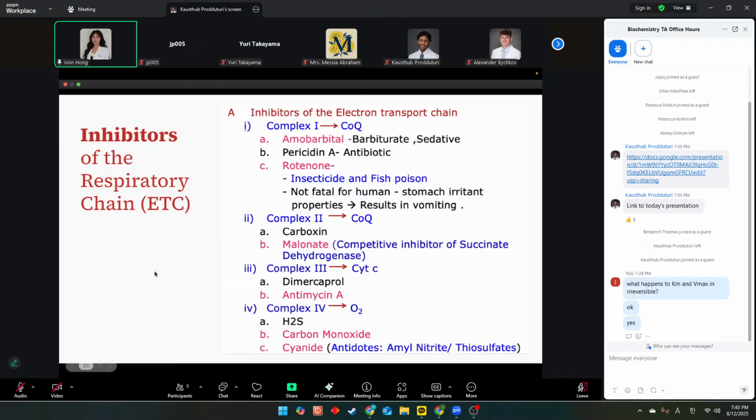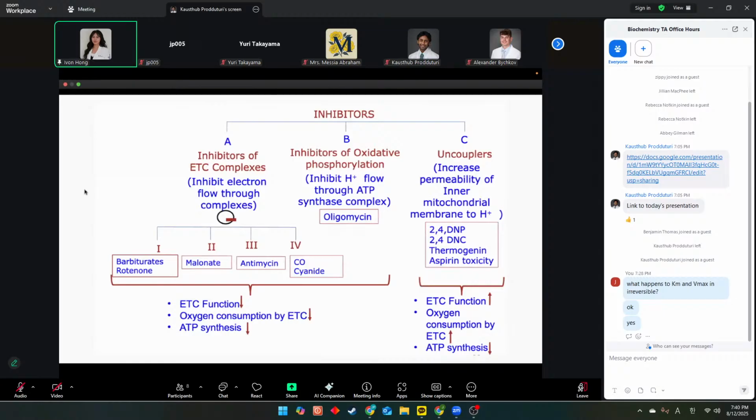And then the next slide is a more laid out version of everything, where we see all the inhibitors of the electron transport chain versus the uncouplers and the difference between the two. The main thing you should for sure know is any of the names listed here, the drugs, and what complex they're related to.